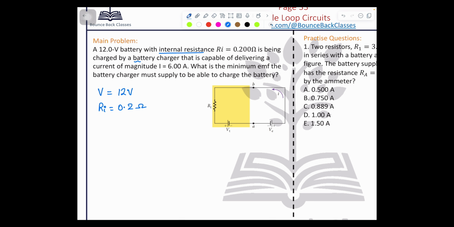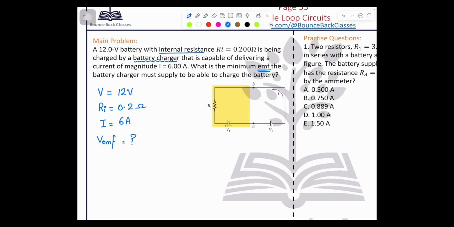Okay, means there is an external source also that is capable of delivering a current, I equal to 6 ampere. What is the minimum EMF? Okay, we are looking for V EMF the battery charger must supply to be able to charge the battery.